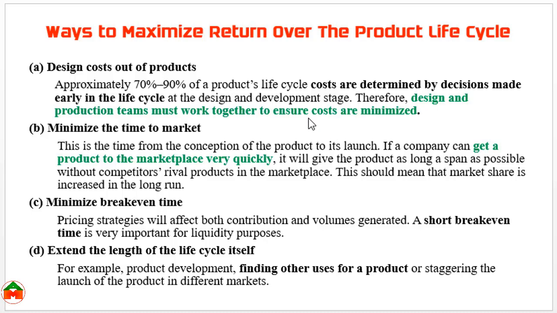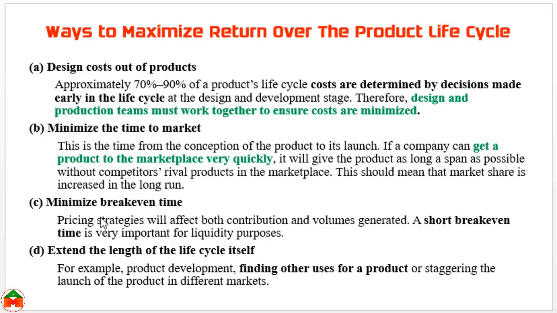If the cost is higher than the revenue, then we should take steps so that we can reduce the cost. Or we can maximize the return by minimizing the time to launch the product in the market, as well as we can minimize the break-even time, and we can extend the length of the life cycle itself. If we want to maximize the return, we can extend the length of the product life cycle.